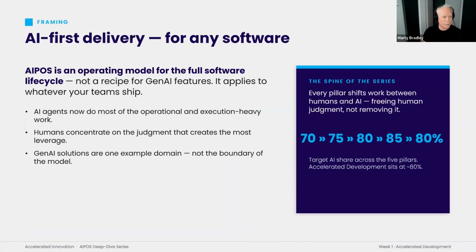So again, we're going to talk about AI-first delivery. The chart off to the right is a summarization of where I think the percentage of agent versus human will go. And I just want to be clear again that while we're all very excited about building GenAI apps or adding AI into a new place in our products, for any application you're building today, your legacy applications, you can install the governance kit, the techniques that I'm going to show.